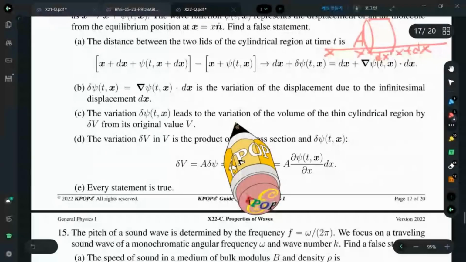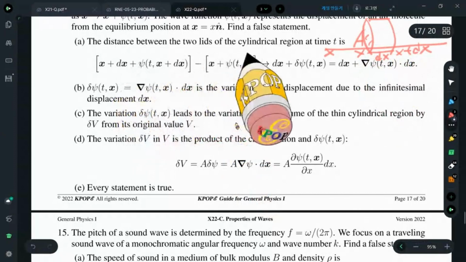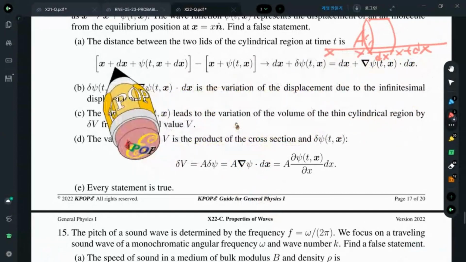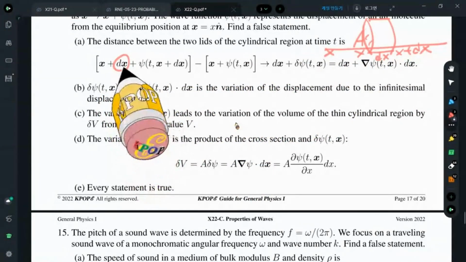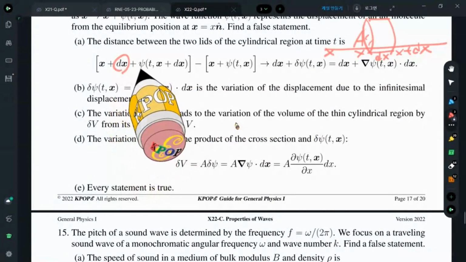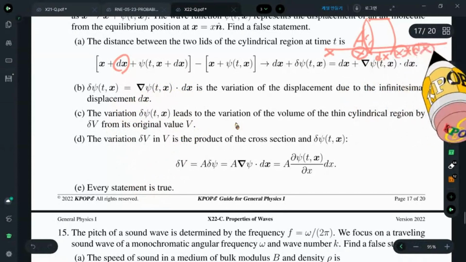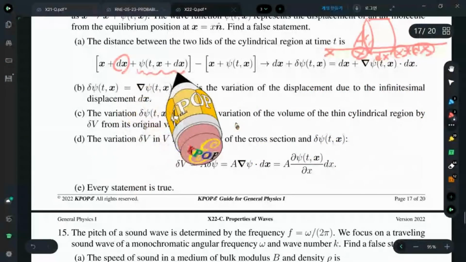The distance between the two ends in the cylindrical region is just simply dx. However, this x and x plus dx is fixed in space, but this psi is the fluctuation of air.